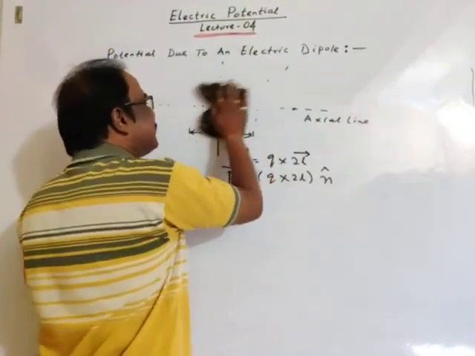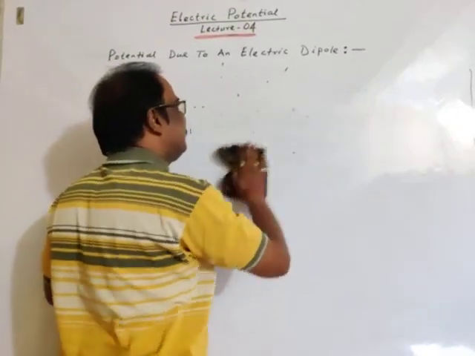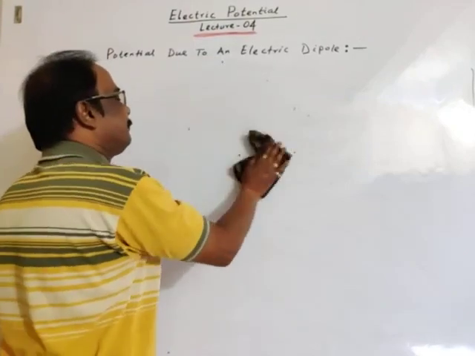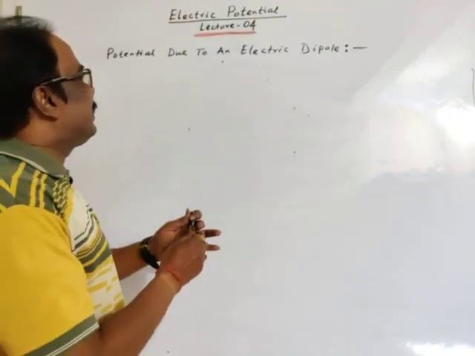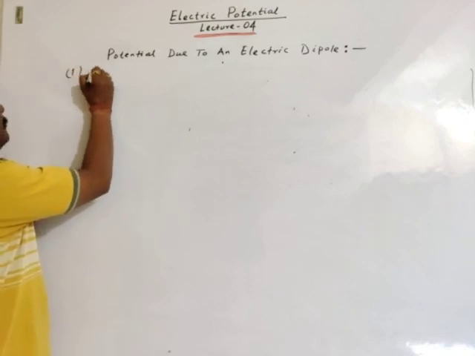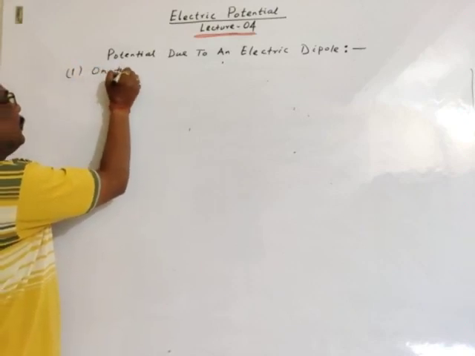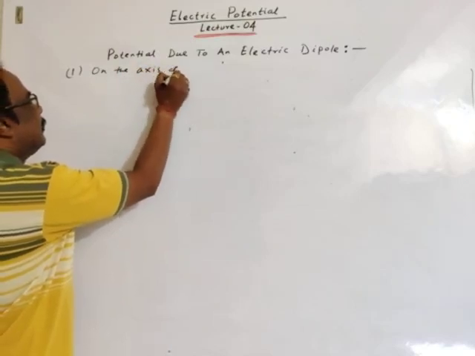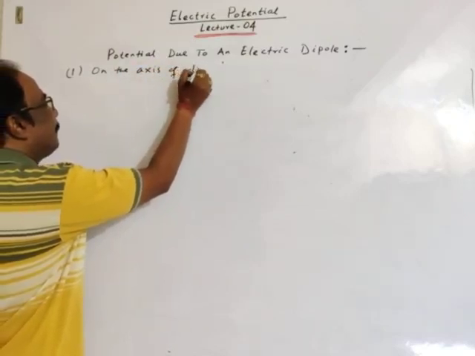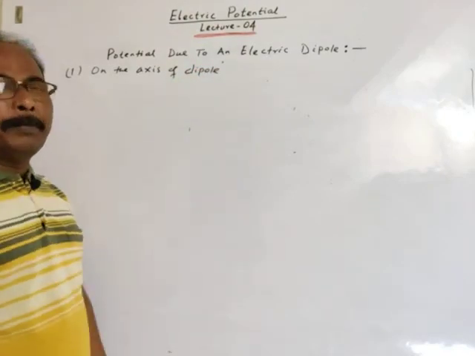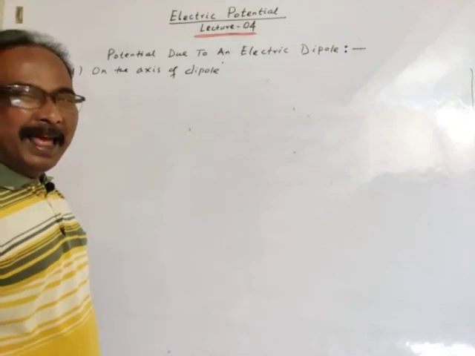The first case: electric potential due to an electric dipole on the axis of the dipole, or on the axial line, any point on the axis of the dipole.